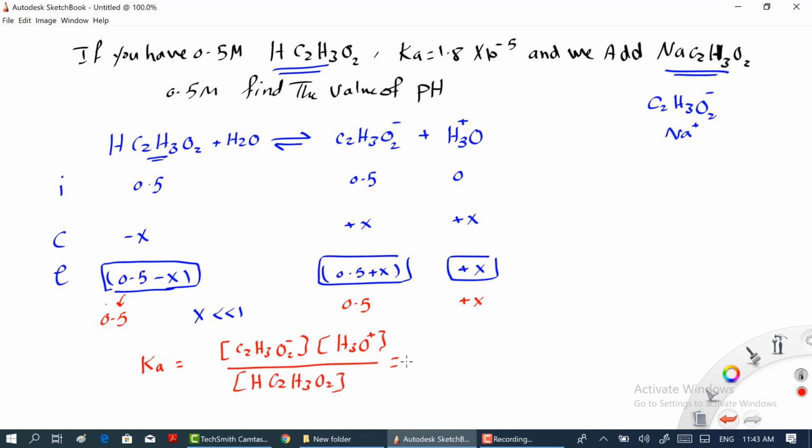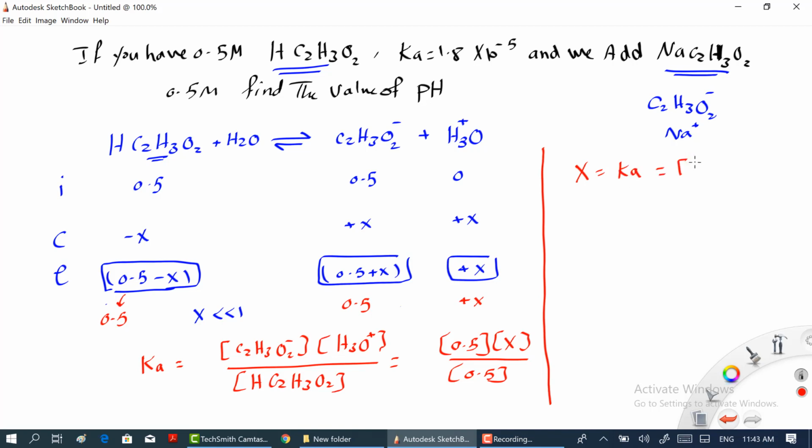It will equal 0.5 plus x times x over 0.5. Since 0.5 plus x is about 0.5, it will be 0.5 times x over 0.5. So in this case we will find that x equals Ka, which equals the hydronium ion concentration.